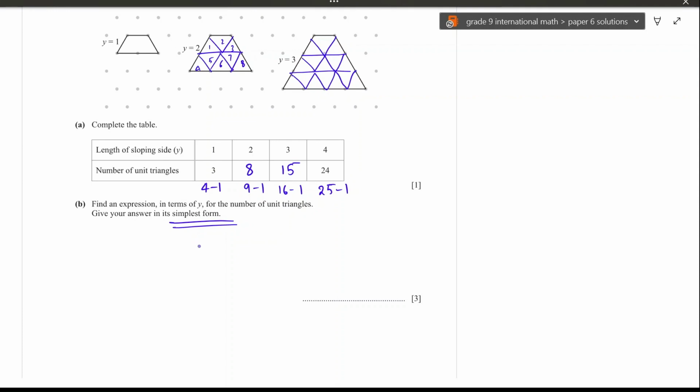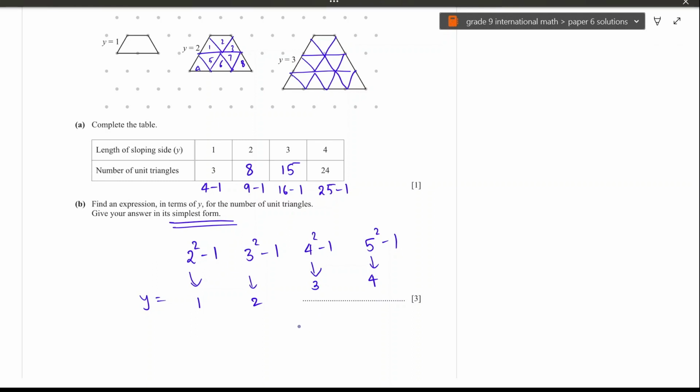If I have to write it in terms of squares, this is 2 squared minus 1, this is 3 squared minus 1, this is 4 squared minus 1, this is 5 squared minus 1. But this corresponds to y equal to 1, this corresponds to 2, this corresponds to 3, this corresponds to 4. So I can see it's kind of plus 1.